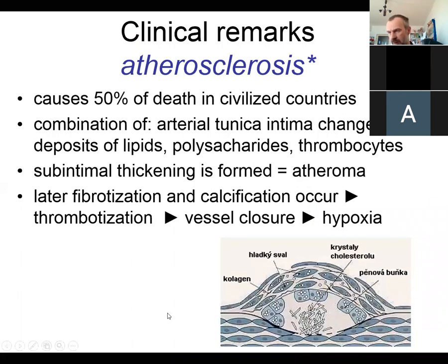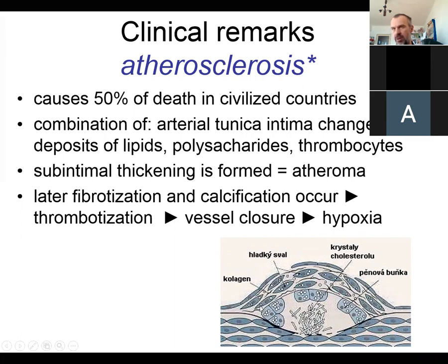Atherosclerosis is a very severe condition, and the problem is that we have deposits of lipids, polysaccharides, thrombocytes, and cholesterol subintimally. So below tunica intima, you can see here how the cells start to accumulate these polysaccharides and lipids, and finally they are calcified, so they form such plaques.